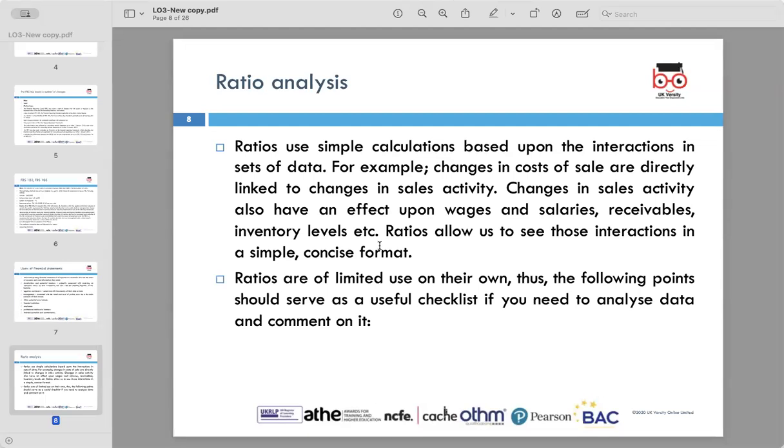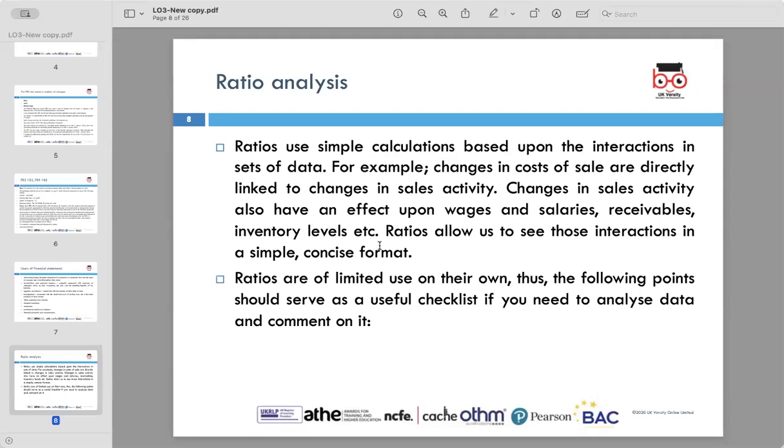Simplified analysis. By using ratios, complex financial data can be condensed into understandable metrics, making it easier to identify trends and assess performance.